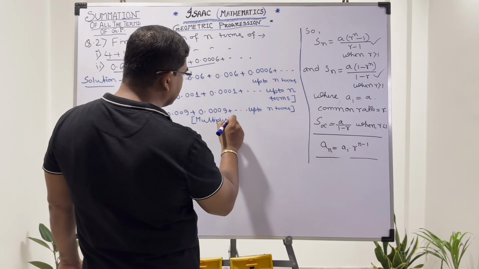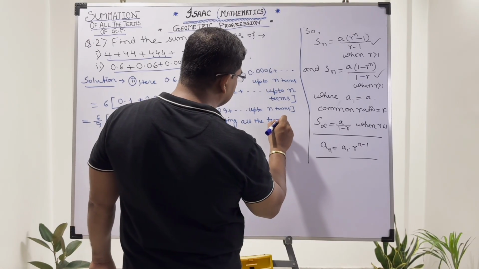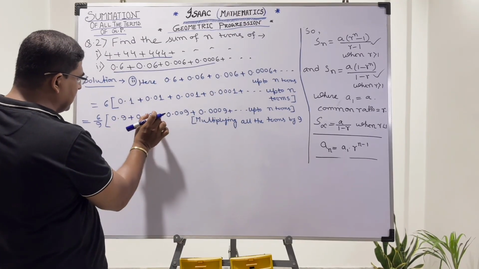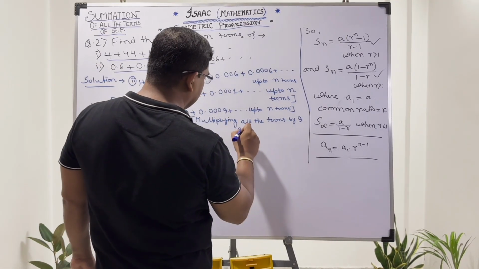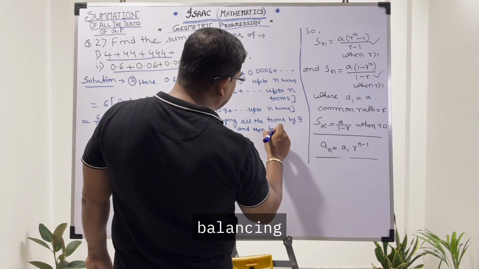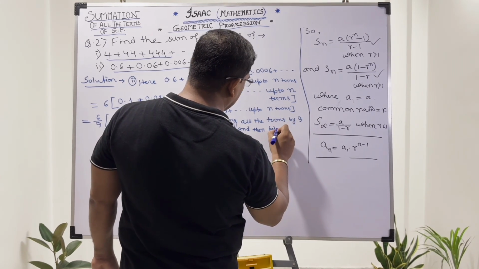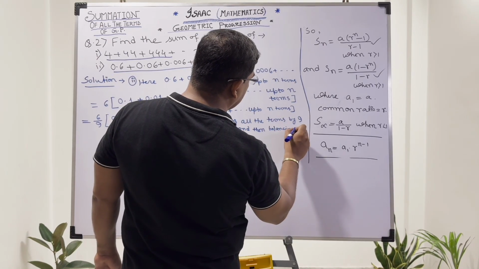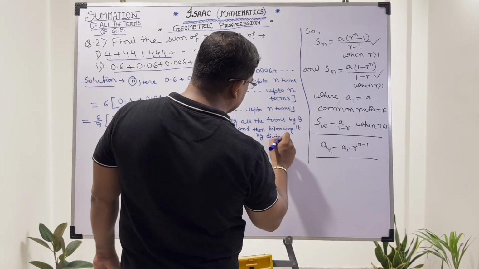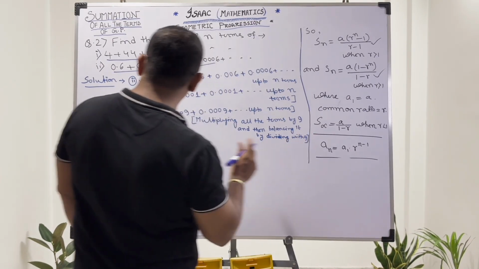Multiplying all the terms by 9 and then balancing it by dividing with 9.